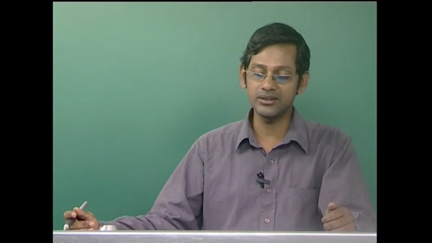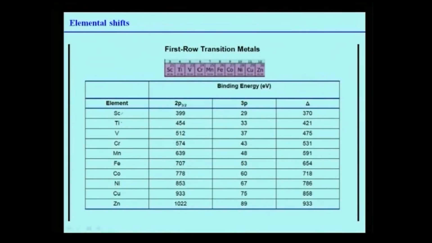Well, now let us talk a little about the elemental shapes for the different first transition metal series, scandium, titanium. Scandium stands for 21 and then zinc stands for 30. So if you go from 21 to 30, the 2p 3/2 peak shifts from 399 electron volts to 1022 electron volts.